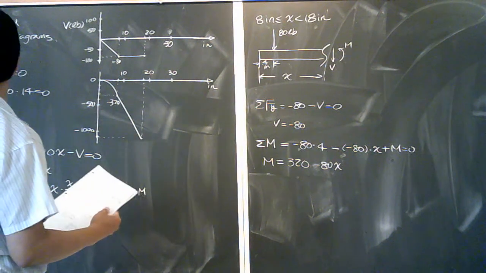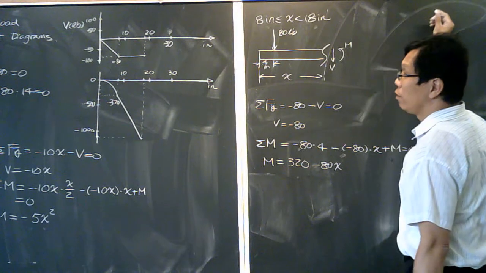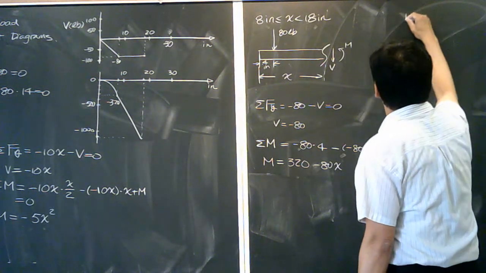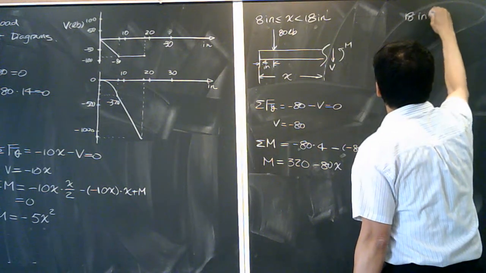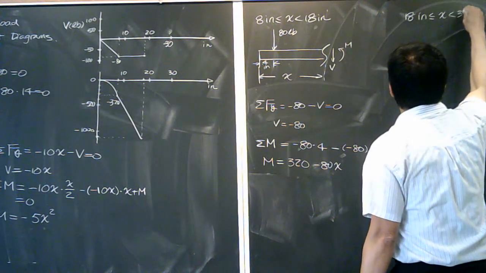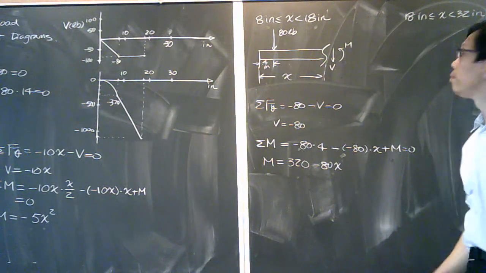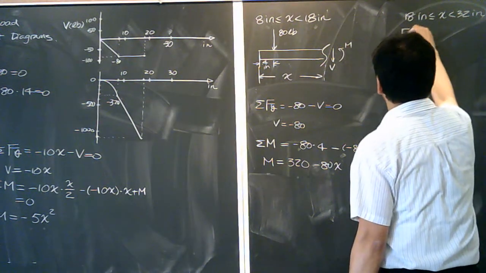Now we need to process the third section of the beam, which is between 18 inches to 32 inches. Remark diagram.